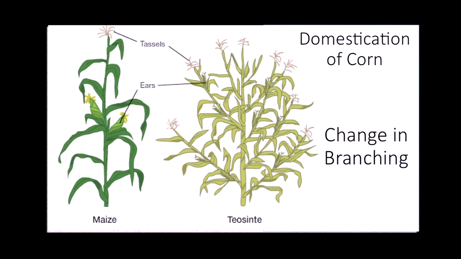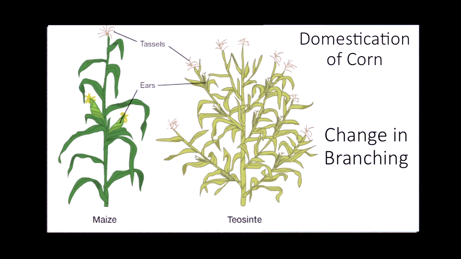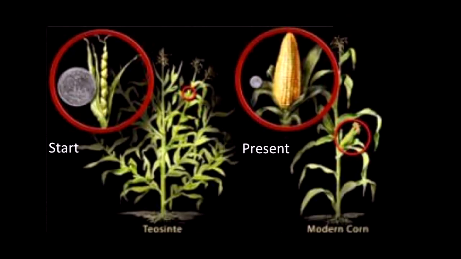So there's been a different emphasis on what we wanted to do as we've selected for particular forms, right? You'll see that on the left-hand side here, there are lots of little cobs on here, all right? So it produces lots of cobs, but each one of those is a single row of seeds, all right? And not very many of them.